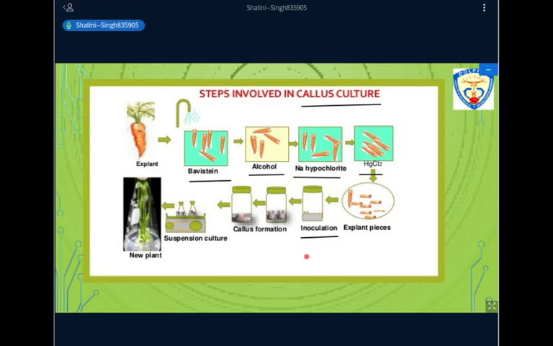What is a callus? Callus is an actively dividing undifferentiated cell mass. Types of callus may depend upon the arrangement of cells with each other. If the cells are loosely arranged, then the callus is known as friable callus.